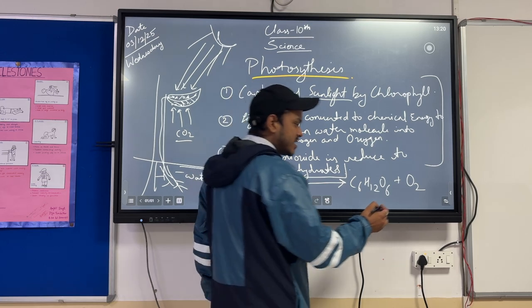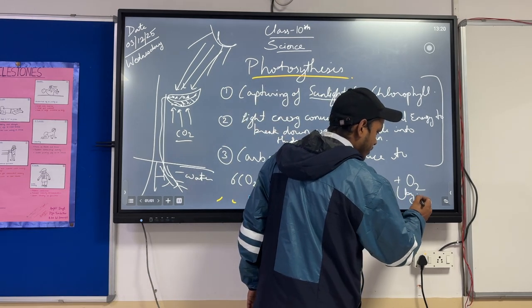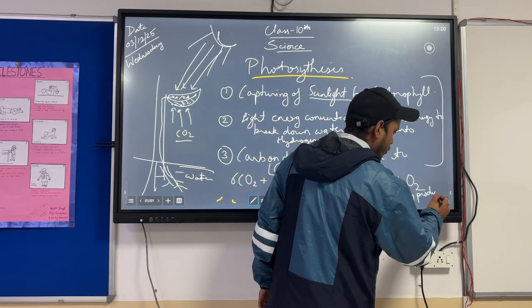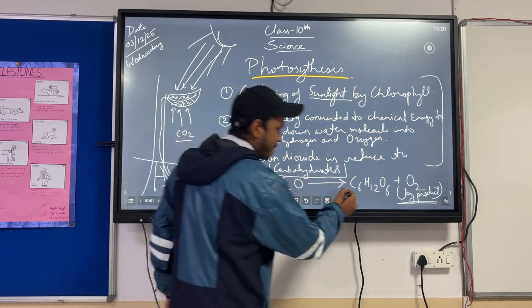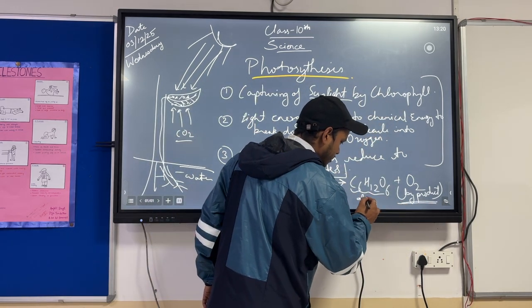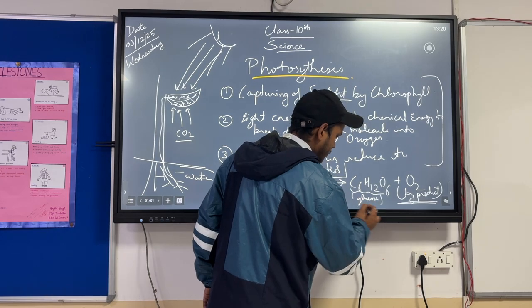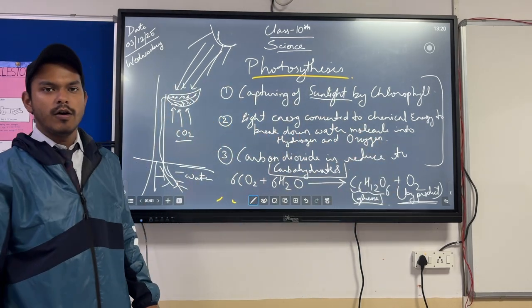This oxygen is the byproduct which is used by us human beings and animals to live their life, and this is glucose, which is the food for plants.